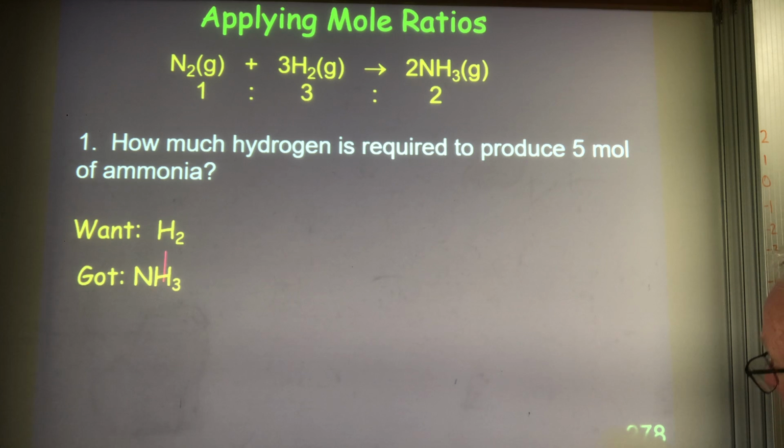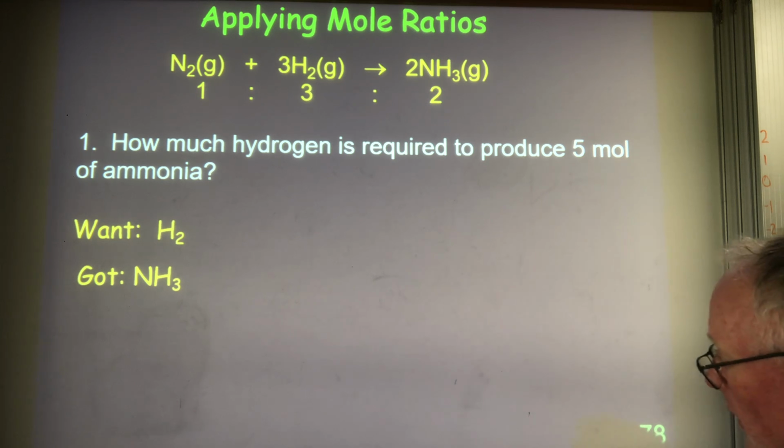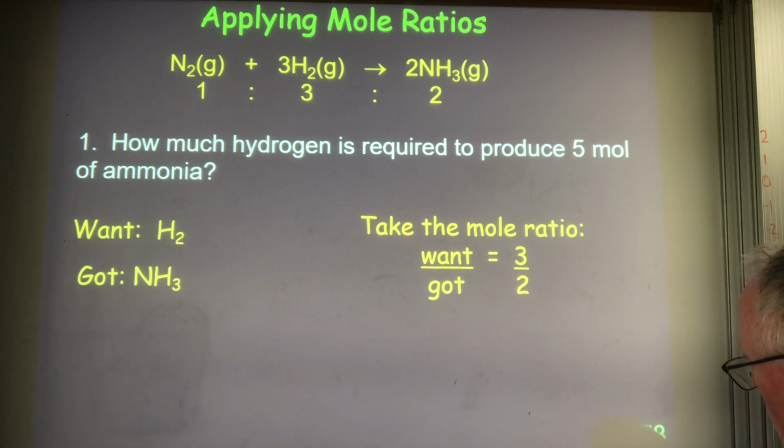So we take the coefficients. We want to know hydrogen. Now the coefficient of hydrogen is 3. We've got the moles of ammonia. Coefficient of ammonia is 2. So we use want over got, 3 over 2. And so we'll multiply our number of moles given in the question by 3 over 2.